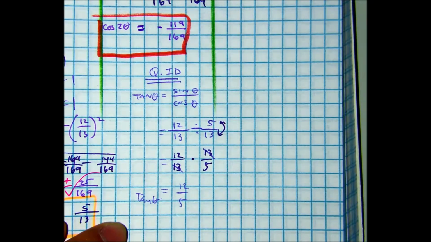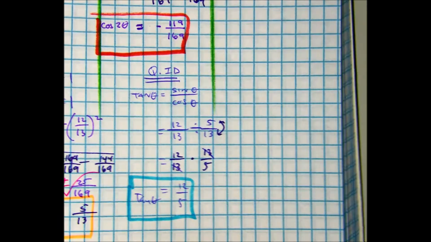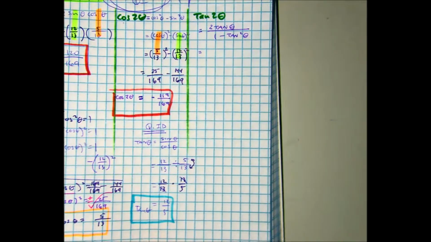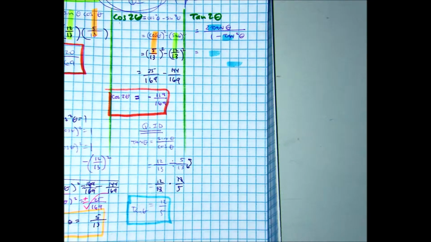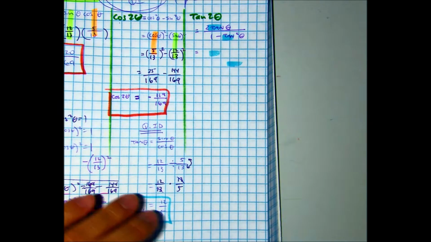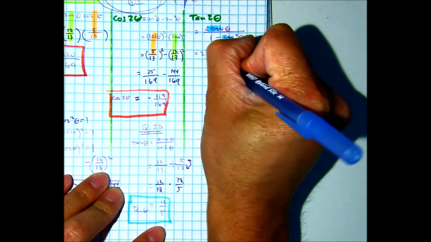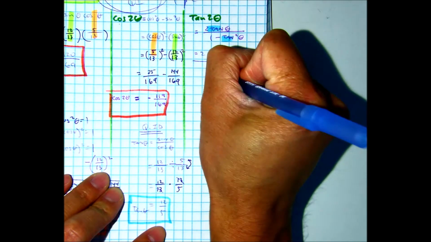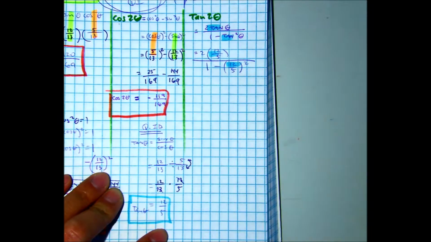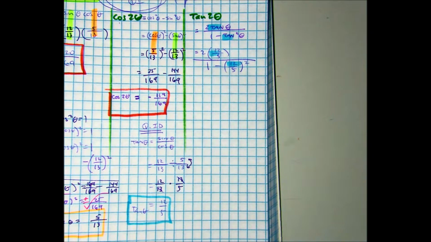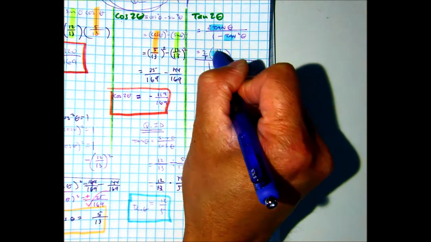So now I can use tangent of theta equals 12 over 5. And we can put it in for every time we see tangent. Let's finish the problem. So 2 times 12 over 5 over 1 minus 12 over 5 squared. So now we're just going to simplify this, put it over 1, multiply across, what do you get?